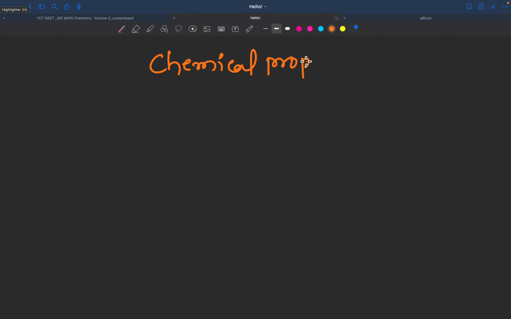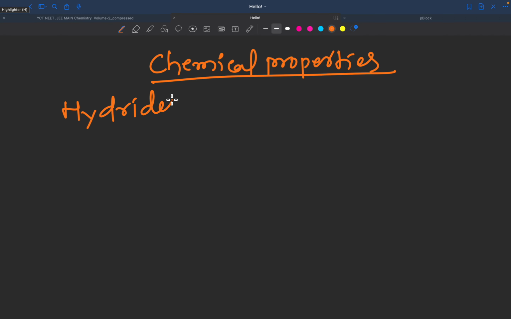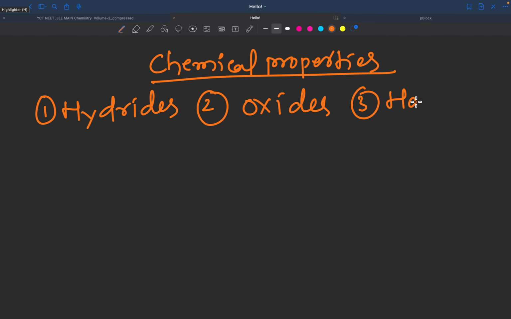The compounds. First we talk about hydrides, second oxides, third halides. These are the three major things we talk about.